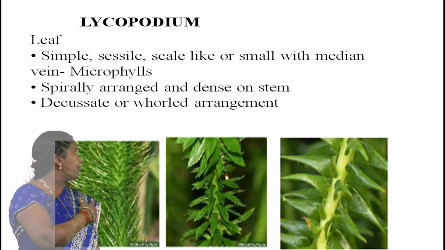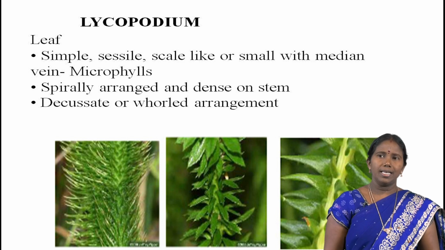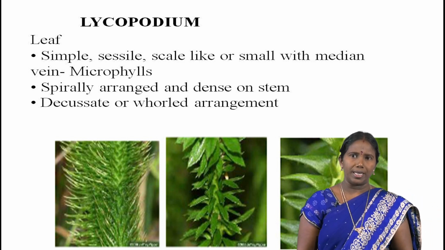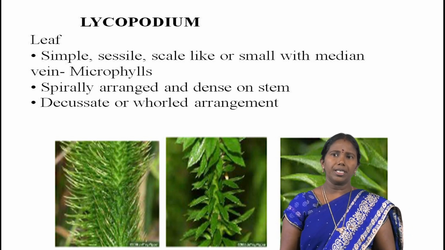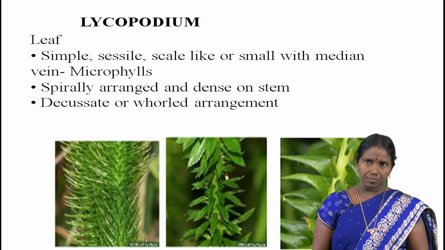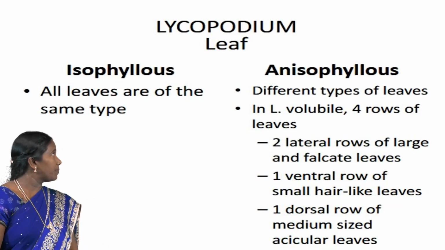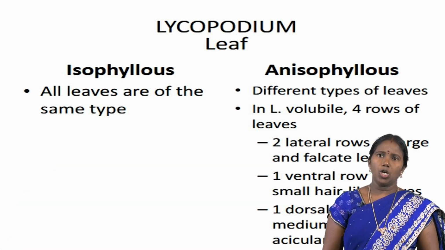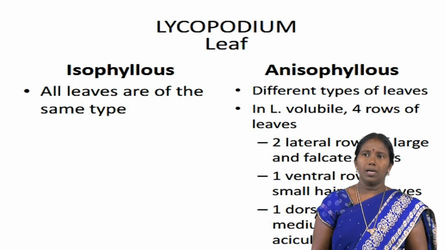Lycopodium leaves. Different types of leaves. They are simple, sessile, scale-like and small with a median vein, microphylls, spirally arranged and dense on the stem, or decussate or whorled arrangement. There are two types of leaves, isophyllous and anisophyllous. Isophyllous: all leaves are of the same type.